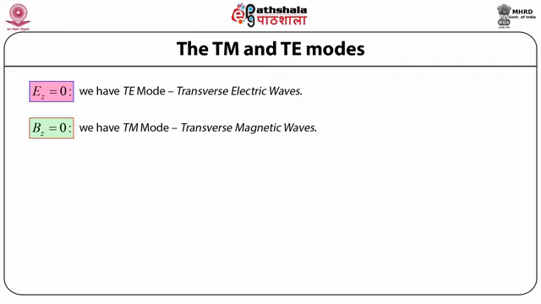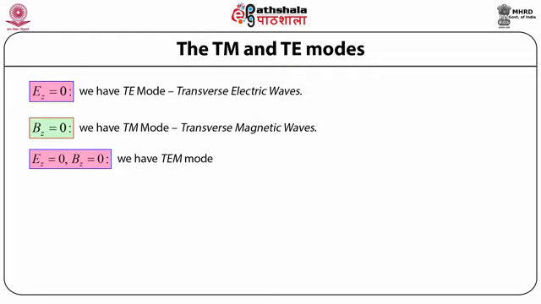While if both the longitudinal components go to 0, that is Ez also goes to 0 and Bz also goes to 0, then we have the transverse electric magnetic waves or the TEM waves.